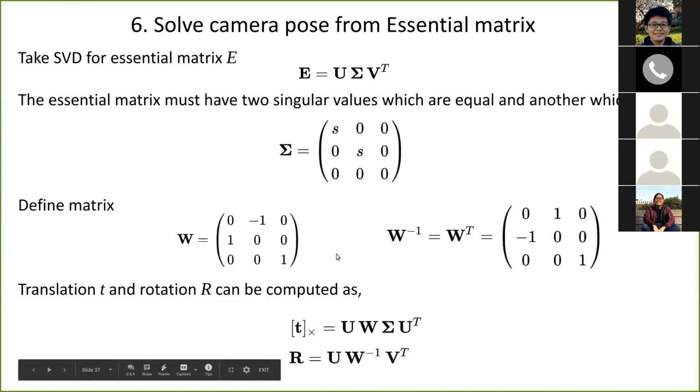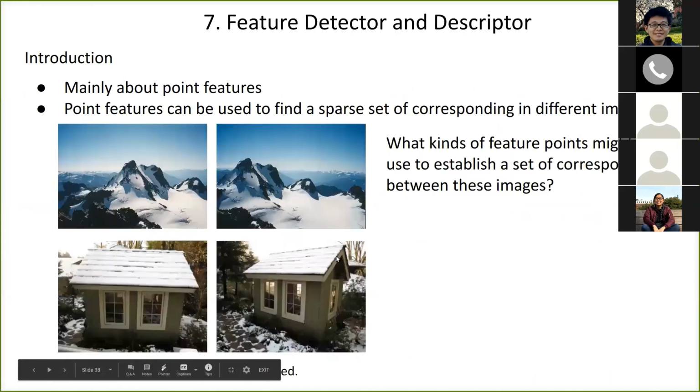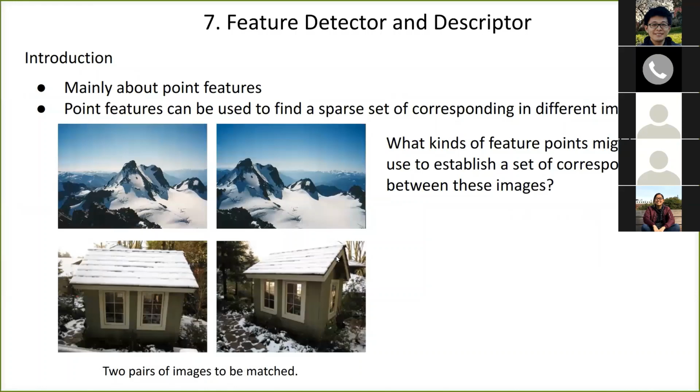Okay, so previously we talked about how important it is to match different frames, from frame to frame. One of the cornerstones of building this correspondence is that we need to extract some points to do the feature extraction, the feature matching, and then compute the correspondence.